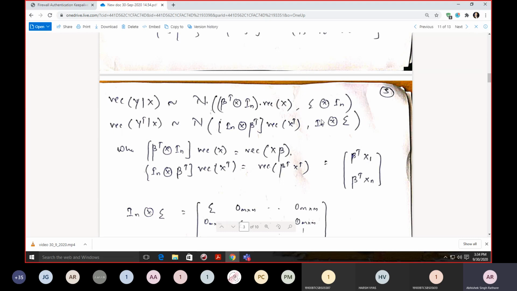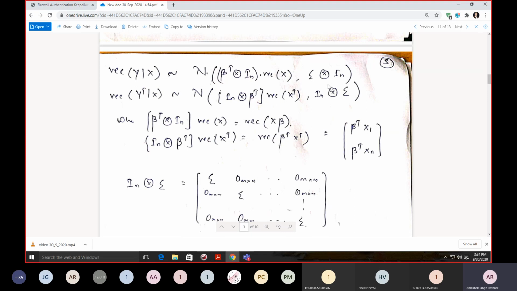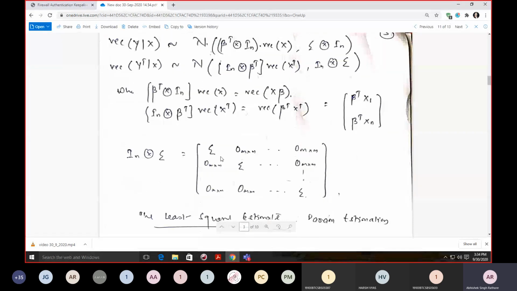So if we take the transpose, the value will just reverse. So what do you mean by this In into your sigma? In into your sigma is just equal to sigma. The off-diagonal elements are zero, and the diagonal elements contain your sigma values. Here the first item is a zero m cross n matrix, sorry, m cross m matrix.